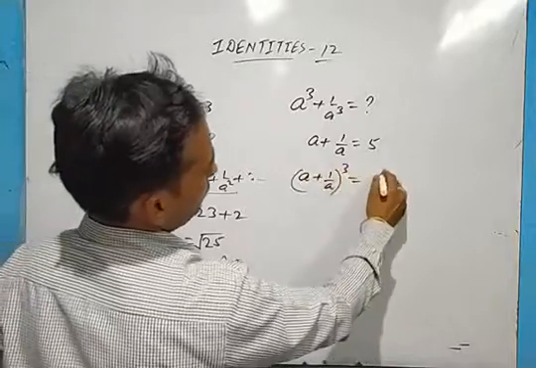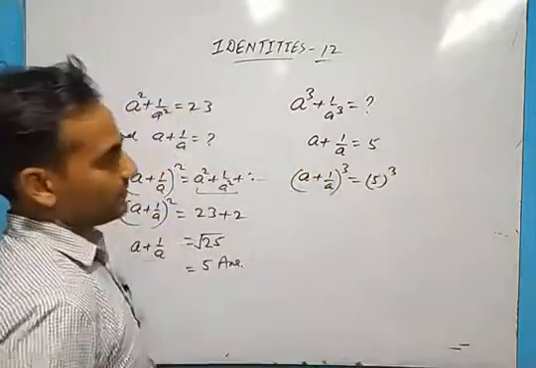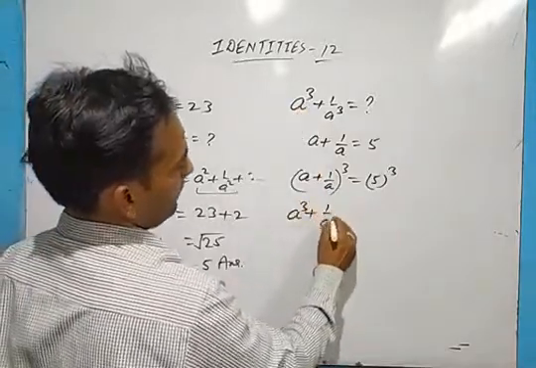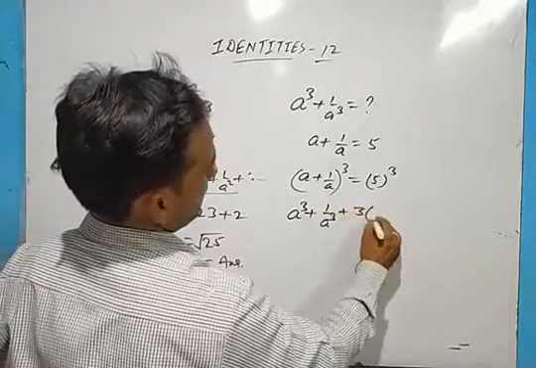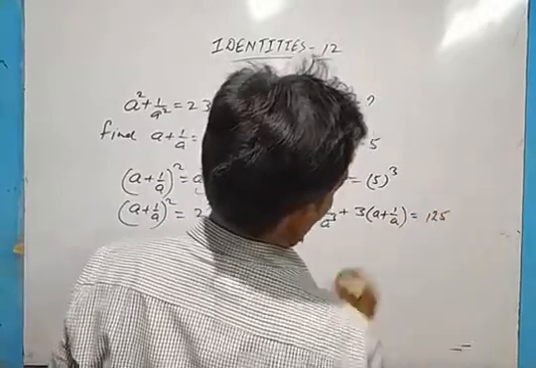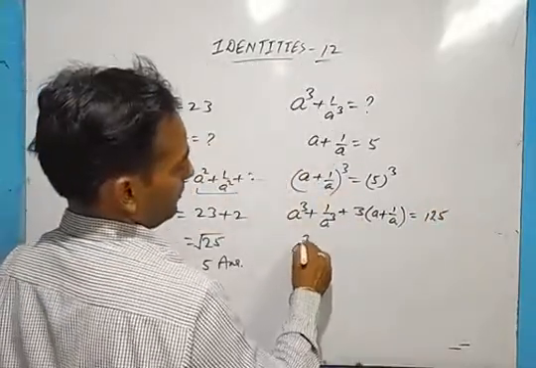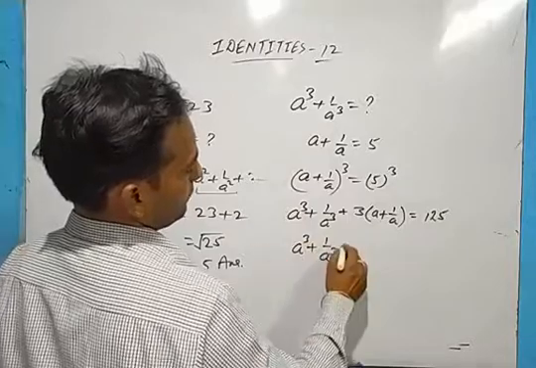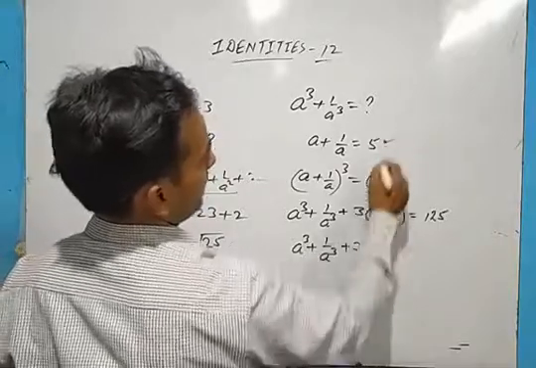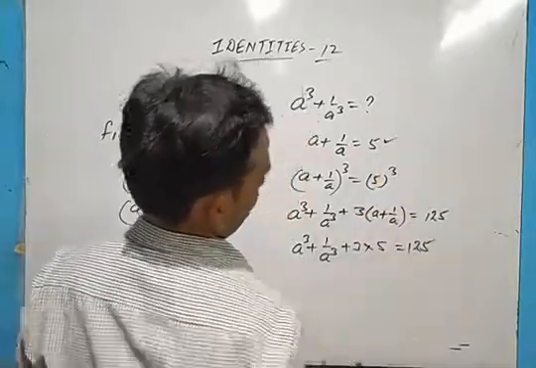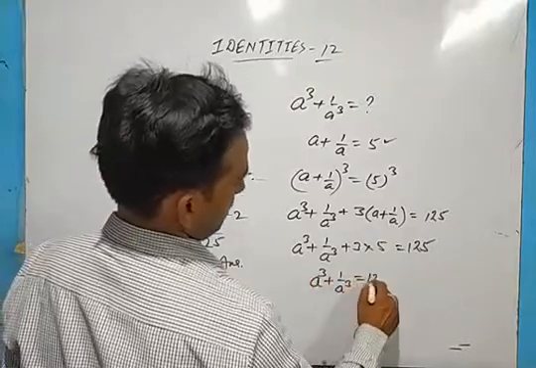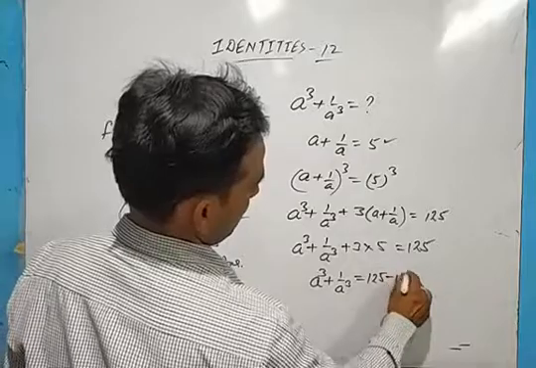Our formula is a cube plus 1/a cube plus 3 in bracket (a + 1/a) is equal to 125. Now a cube plus 1/a cube plus 3 into (a + 1/a), 5 is given already, is equal to 125. a cube plus 1/a cube is equal to 125 minus 5 3 is 15. So 125 minus 15 is 110 will be the answer.